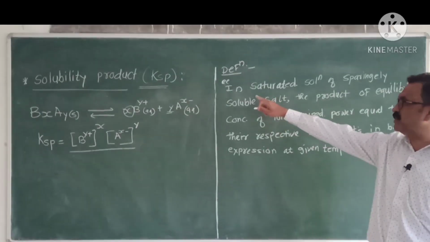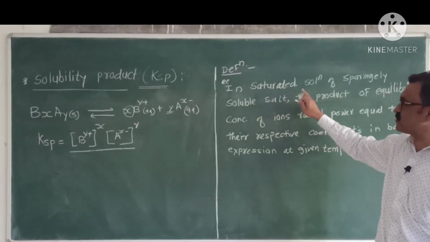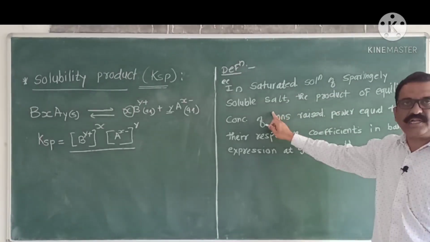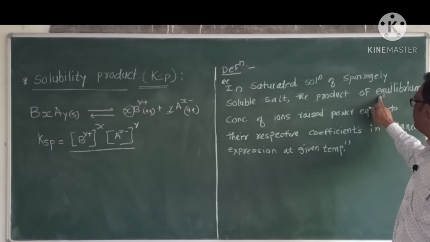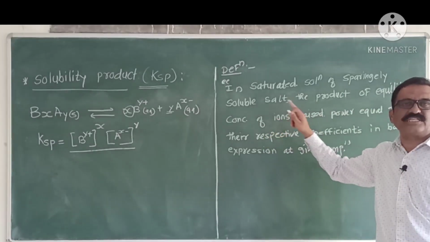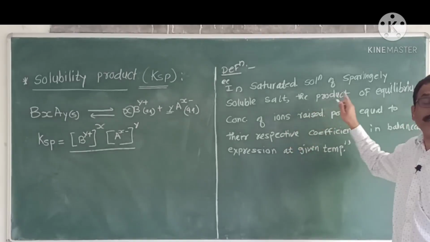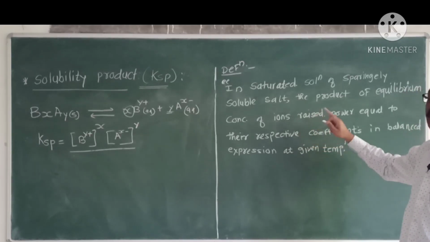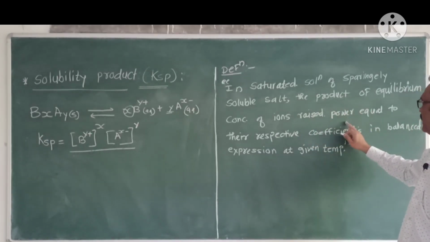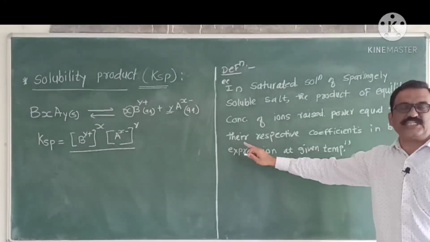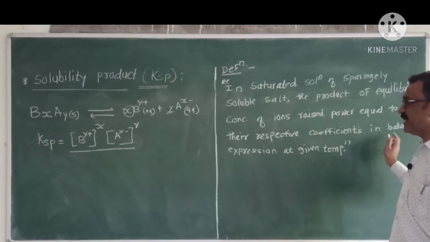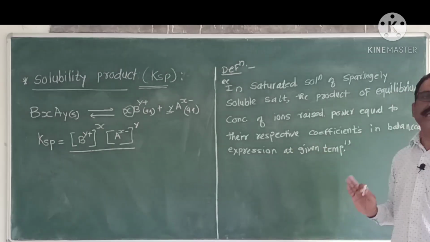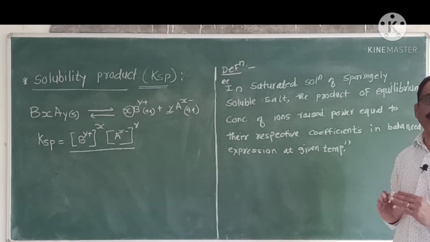and we can define the solubility product as follows: in the saturated solution of a sparingly soluble salt, the product of the equilibrium concentration of ions raised to a power equal to their respective coefficients in a balanced expression at a given temperature is called the solubility product.